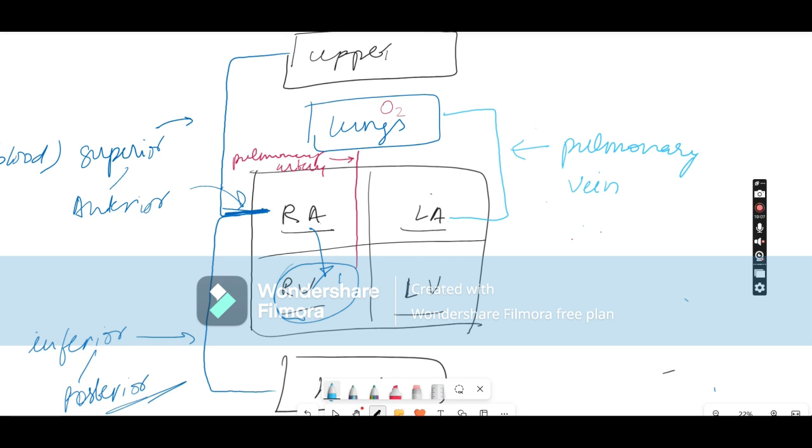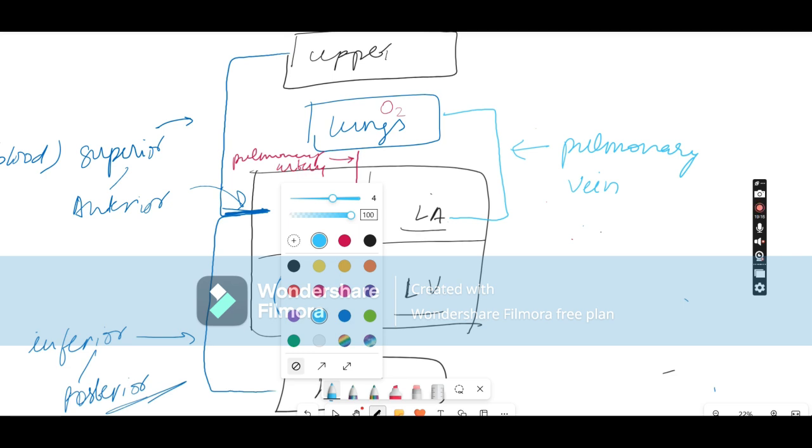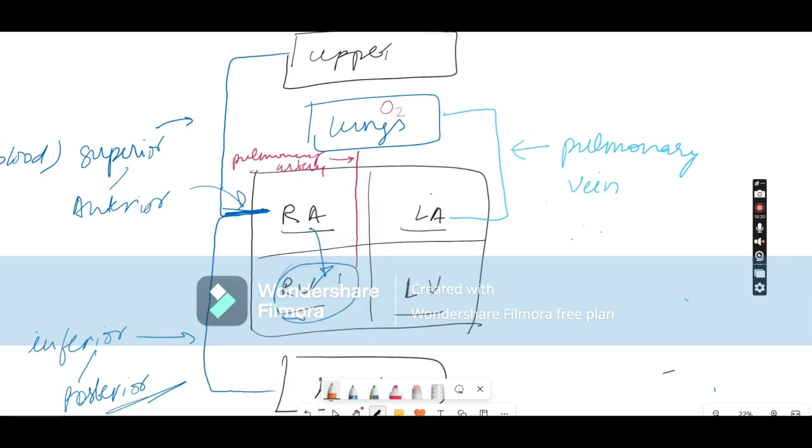Okay, so now we have oxygenated blood which has come back to the heart in the left atrium through the pulmonary vein. Now we were talking about the contractions of the heart, right? The atrium is contracting, so when the atrium contracts, the blood in the left atrium moves to the left ventricle.